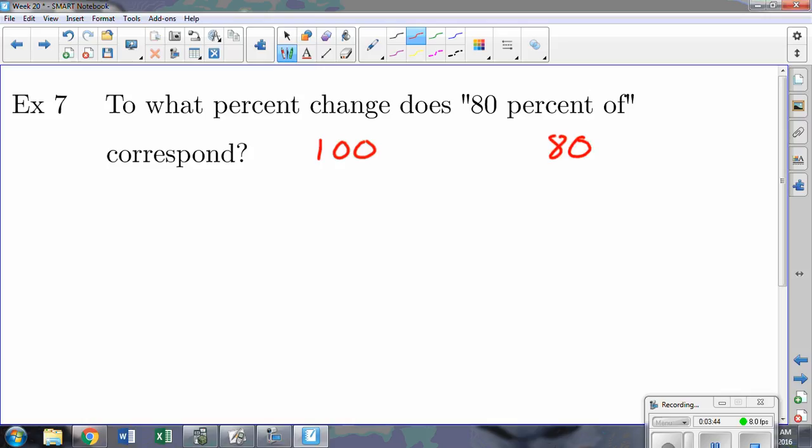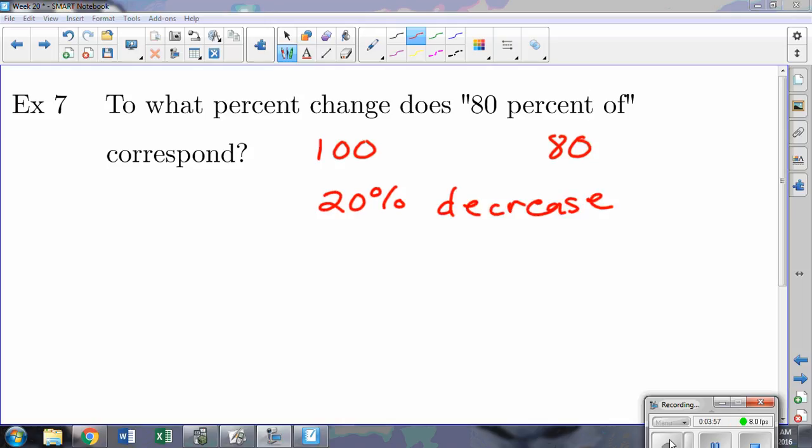So what happened to it? Thank you, Dylan. Since we lost 20%, that's a 20% decrease. That's all. 80% of the original corresponds to a 20% decrease. Being able to convert back and forth between these two thoughts of percent of and percent change is a necessary skill.